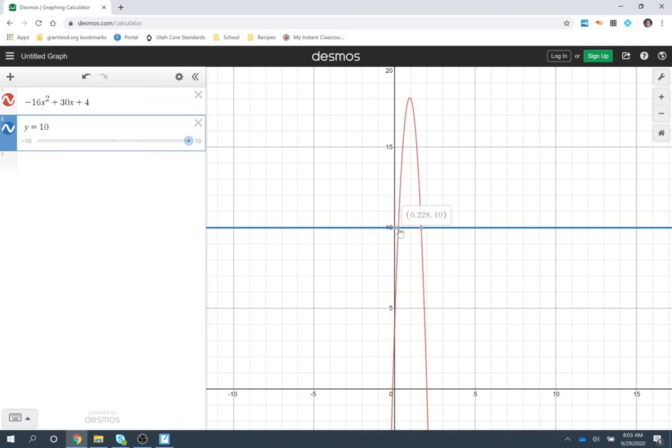Now I've got this point here, which I'm going to record on my paper, 0.228, comma 10. And this point here, 1.647, comma 10. So it actually hits 10 feet twice. It does it on the way up, and on the way back.